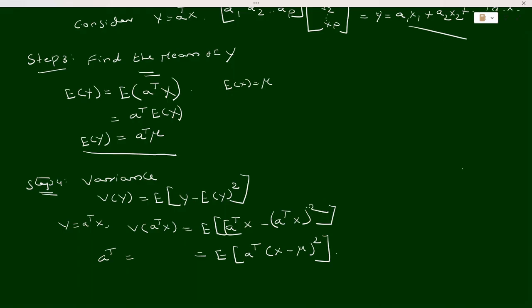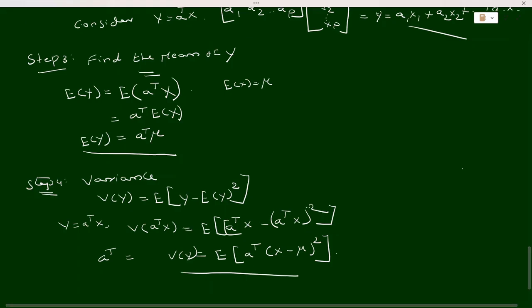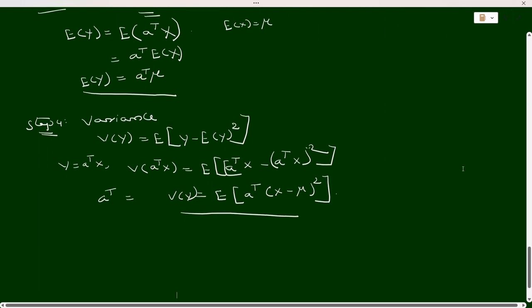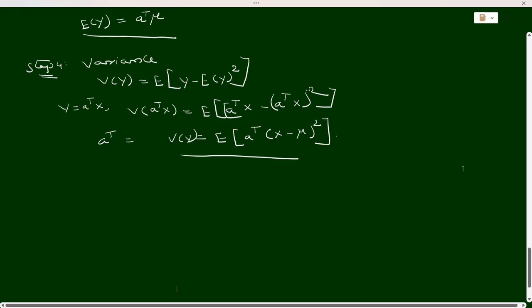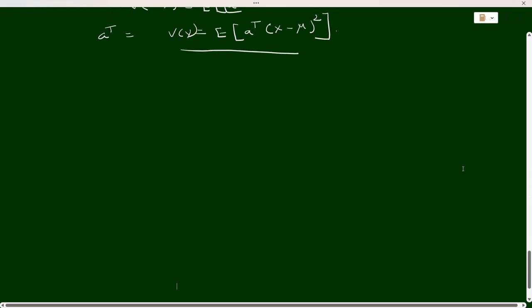Therefore, variance of y will be expectation of a transpose (x minus mu) the whole square. Now we have to convert this square into matrix form.